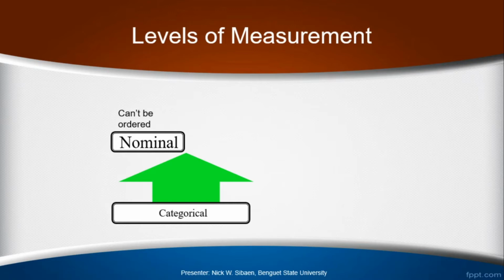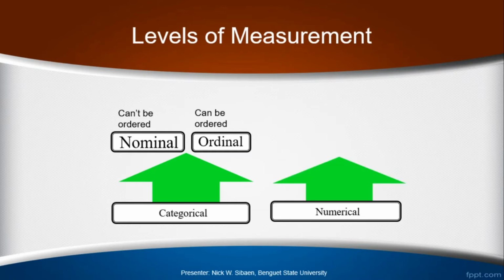A categorical variable is in ordinal scale or level if we can find a basis for identifying which value comes first, comes next, or comes last. In other words, these are variables whose values are ranked or ordered. A numerical variable is either interval or ratio.